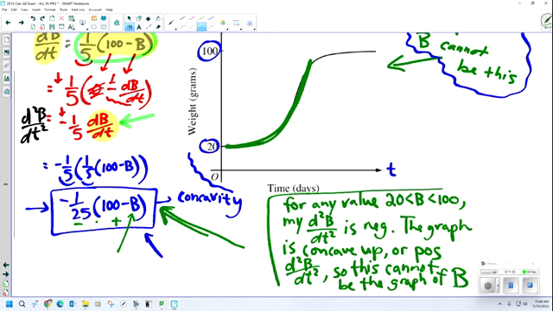I'm writing more than I normally like to, but I'm trying to be specific, okay? For any value in the interval between 20 and 100 for B, my second derivative is negative, according to the equation I came up with. The graph is concave up, or positive second derivative, so this cannot be the real graph of B, and that's what they asked us to discover.